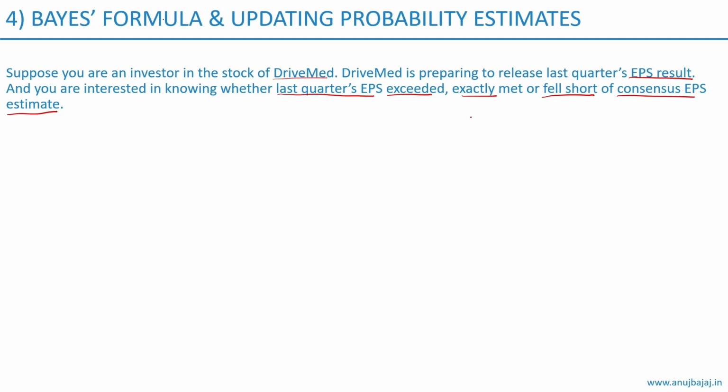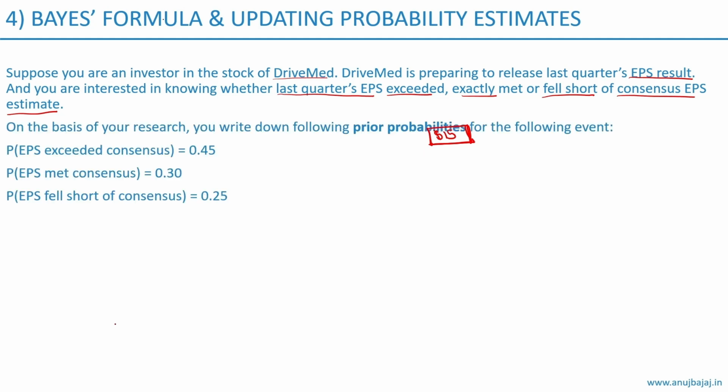So on average, what is the viewpoint or the expectation of the market? Suppose the market believes that the EPS should be $15. So this is the consensus estimate. And you are interested in knowing whether the last quarter's EPS will be greater than $15, exactly equal to $15, or less than $15.